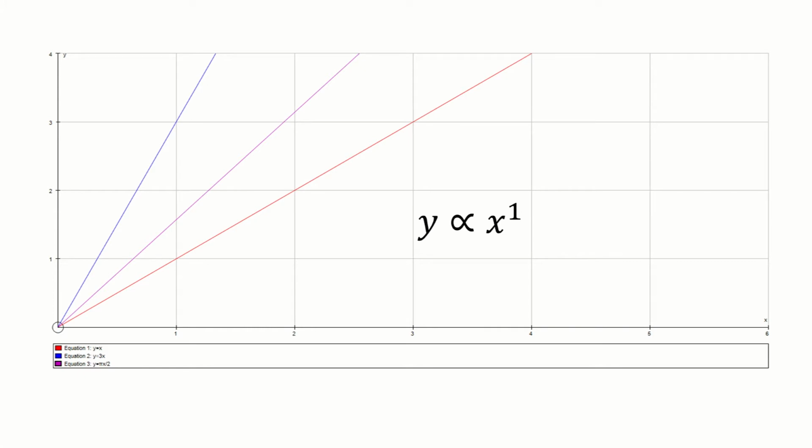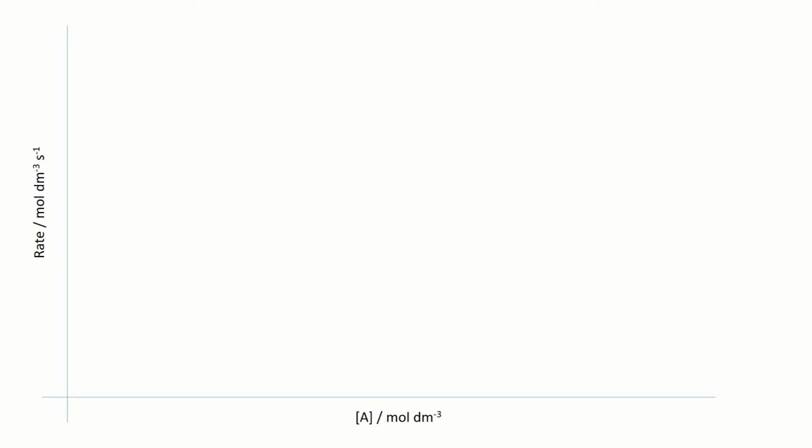Then we can find out what effect the concentration has on the reaction rate using a graph. So here we go. I've put concentration of chemical A in, so that's square brackets around the A. That just means concentration of A, in moles per decimeter cubed. Up the side, I've got rate, which is measured in moles per decimeter cubed per second, and I've got a straight line there.